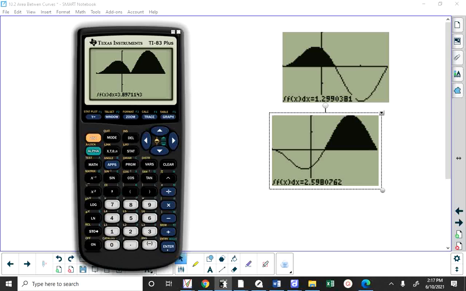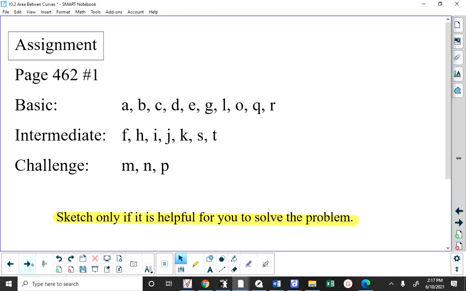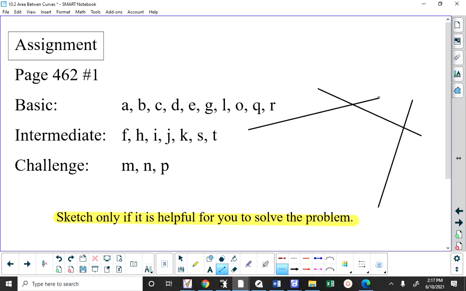So now what? Well, on page 462, question 1, are a variety of problems. Now, some of them are really interesting. Like one of these ones in the challenge problem is 4 lines. What is the area enclosed by the 4 lines? So if you were to sketch the 4 lines, they might look like this.